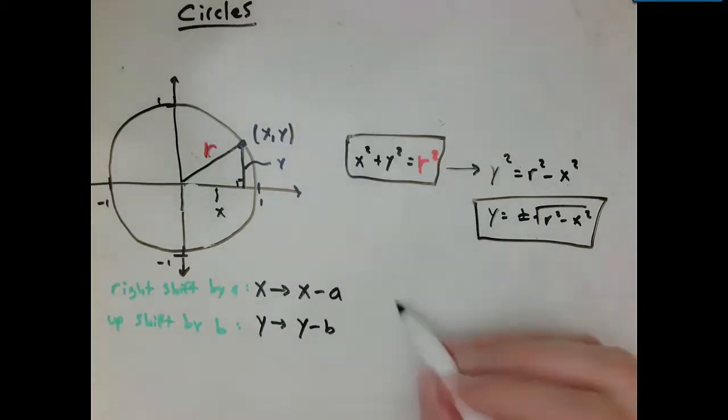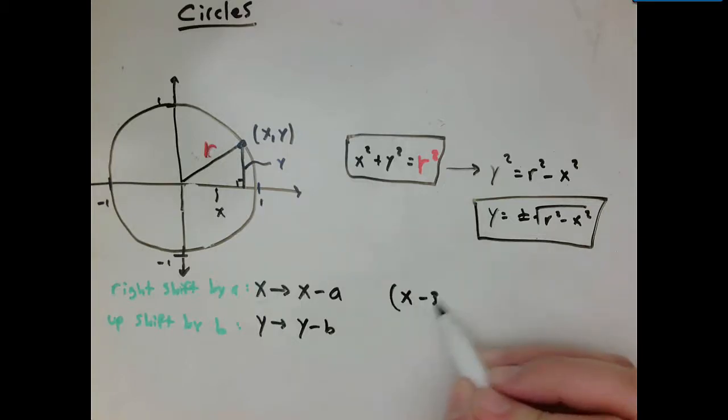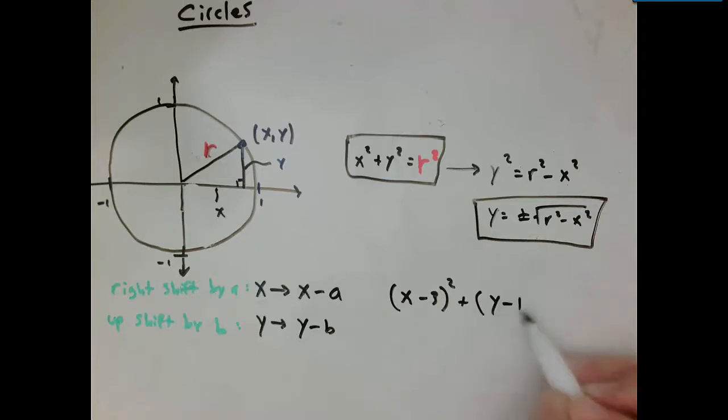So if I take my original equation and replace x with x minus 3, and replace y with y minus 1, that's my original circle, except now I've shifted it right by 3 and up by 1. And if we make it equal to, say, 3, that would be a circle whose radius is square root of 3 that's been shifted right and up.